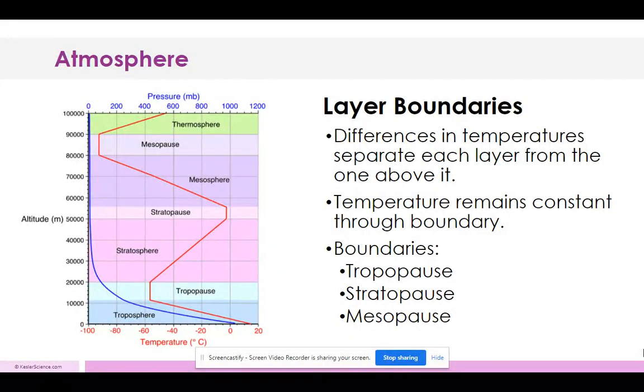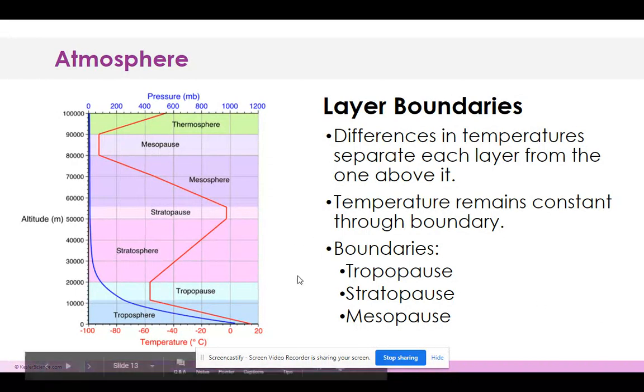Okay? So on the test, I'm probably going to give you this graph, and I'm going to ask you what happens to the temperature in the troposphere. So if it's going to go from 15 to -55, is that getting hotter or colder? Colder, right? It's going to go from -55 to -5.